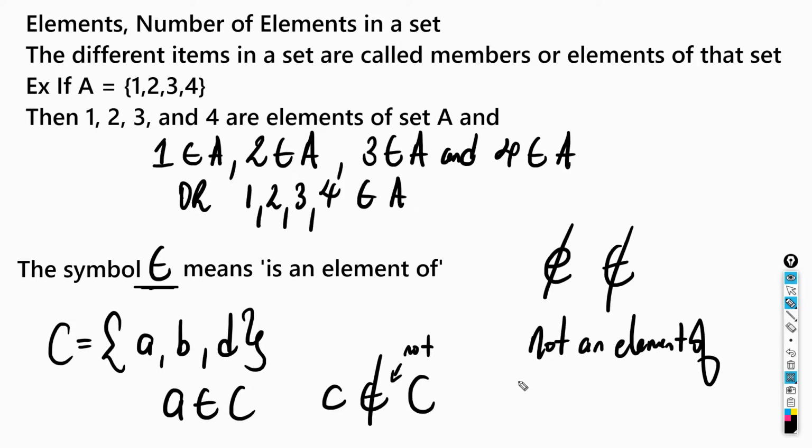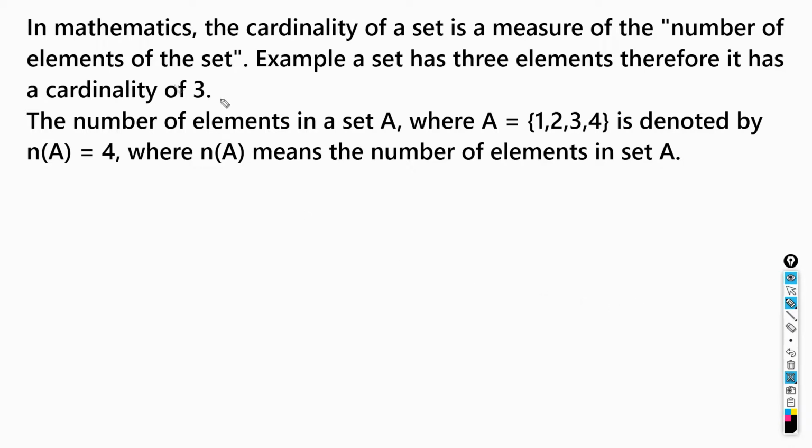All right, guys, so let's look at some more definitions here. We're looking at the definition for the number of elements in a set. It says in mathematics, the cardinality of a set is a measure of the number of elements of the set. An example is a set has 3 elements, therefore it has a cardinality of 3.